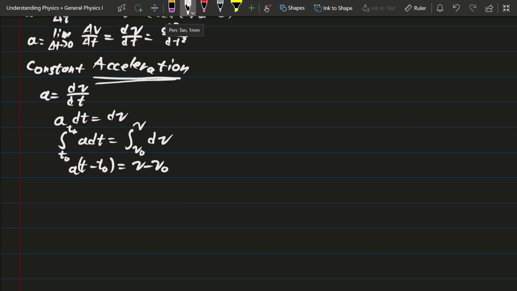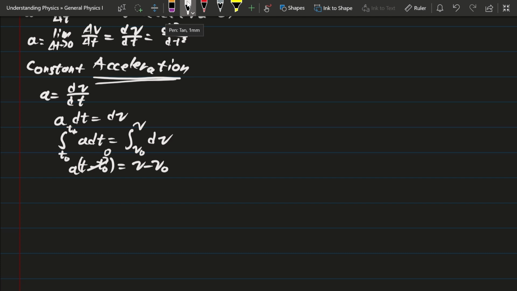Normally as physicists, we consider t0 to be 0, as it is one of the simplest cases. But if it is not 0, you could just use a linear transformation to shift your time frame.